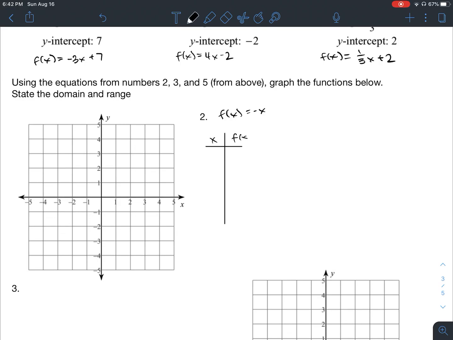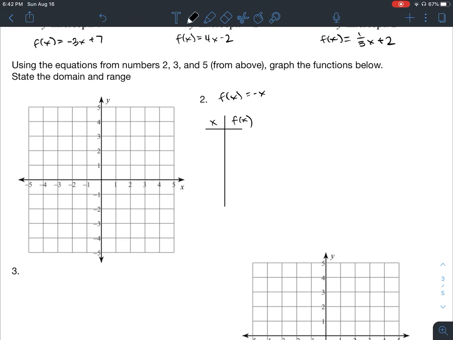I always like starting with my 0 values because it's just easy. So if I put 0 into our function, f of 0, it will output negative 0. I always like to put parentheses around the x value that I'm inputting. Well, negative 0 is just 0, so our output value is 0.